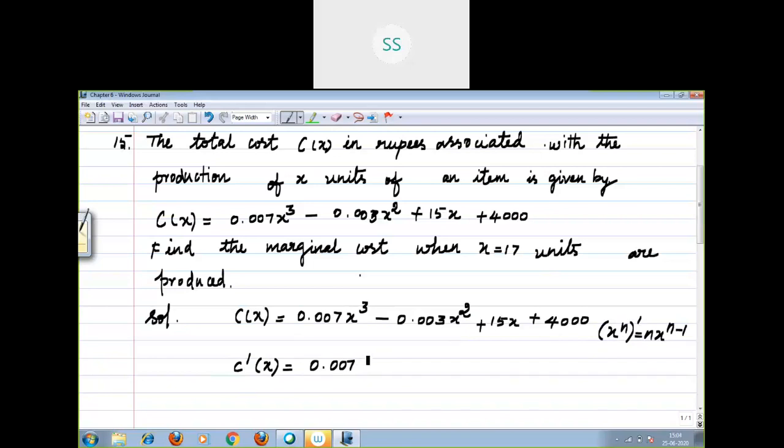0.007 into the x cube, how it will act? 3x square. 0.007 into 3x square minus 0.003 into 2x plus 15. Here the constant comes under addition, so it becomes 0.